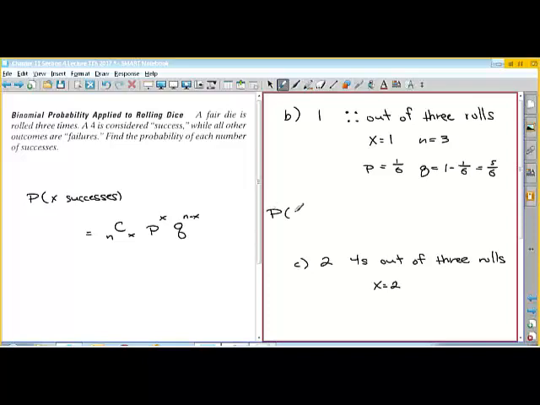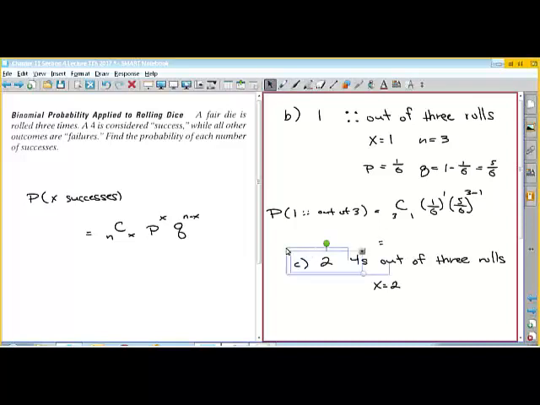So the probability of getting 1 four out of 3 rolls is going to be, we take n things, n is 3, 1 at a time. Our probability of success is 1/6. We only have 1 success. And then we take the probability of failure and we raise that to the n minus x.